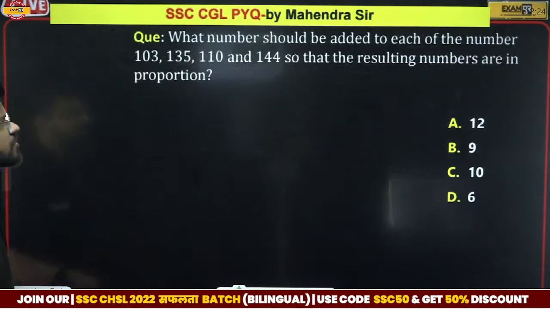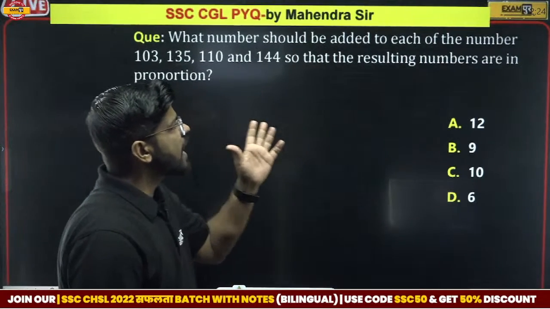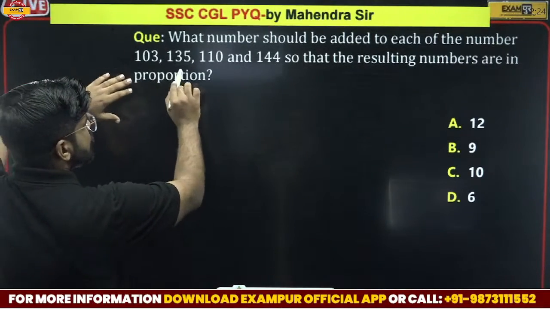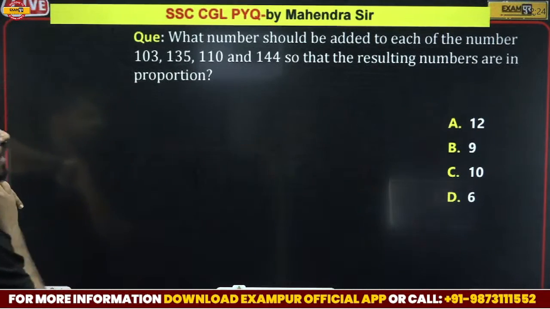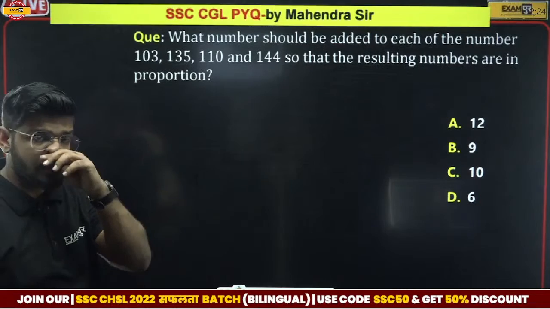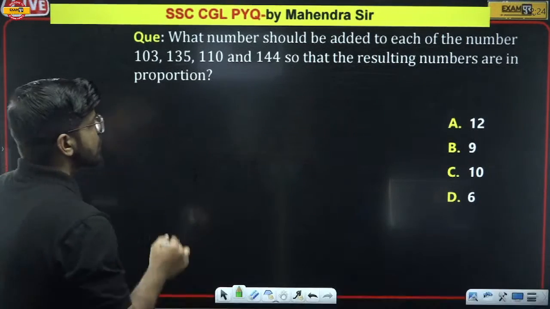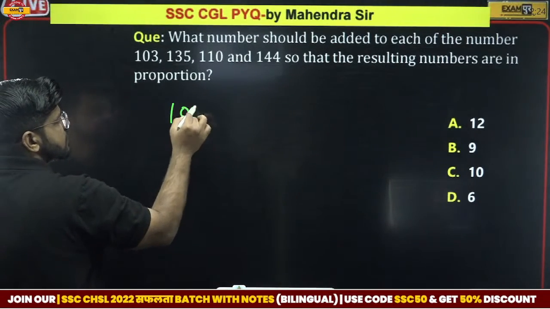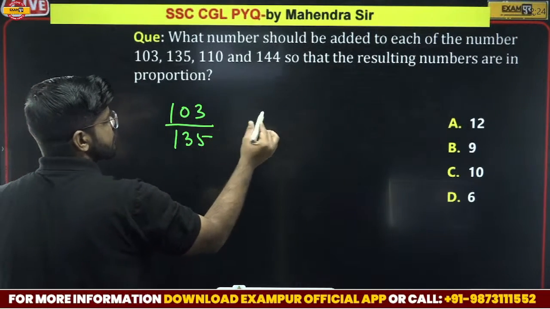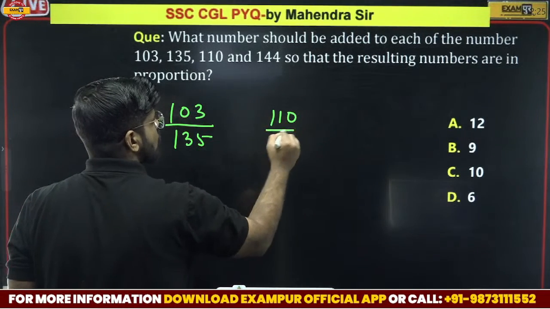Let's move on to another question. What number should be added to each number, 103, 135, 110 and 144, so that the resulting numbers are in proportion? So we have to write this like this: 103 over 135 and 110 over 144.